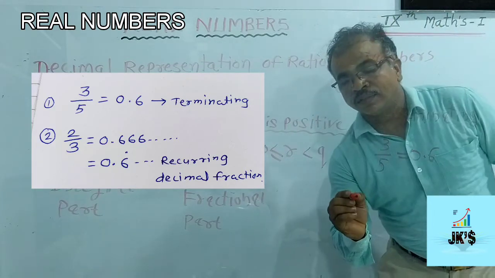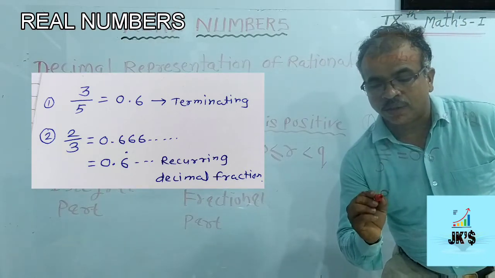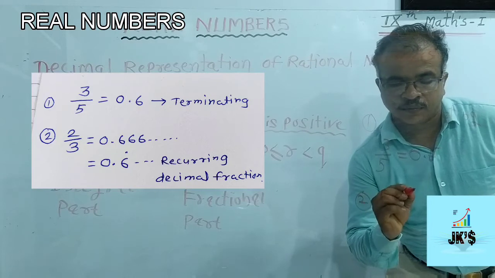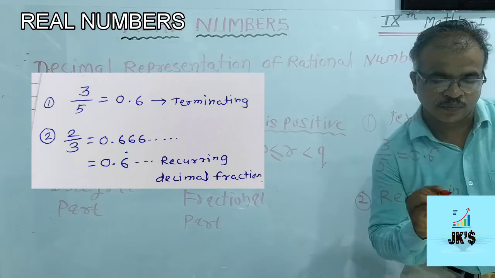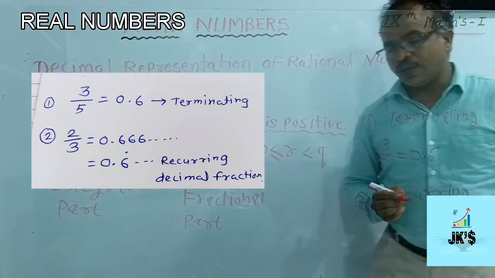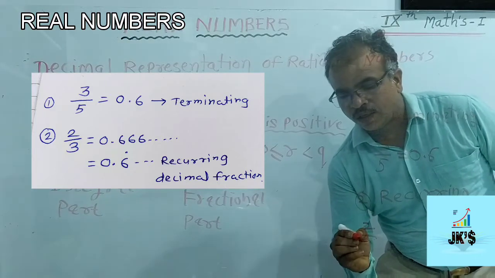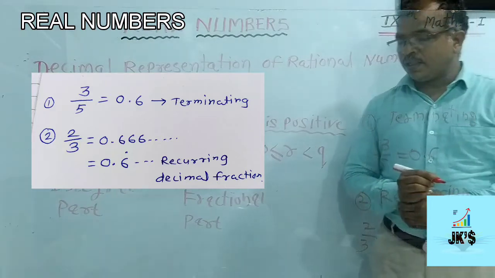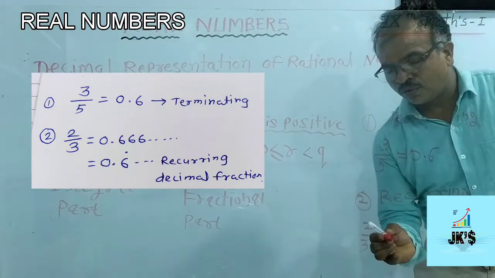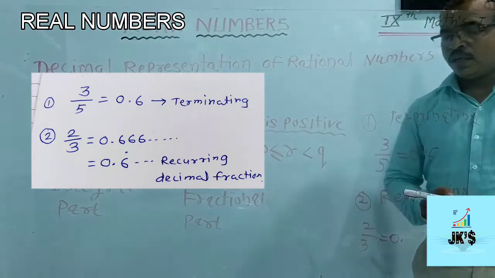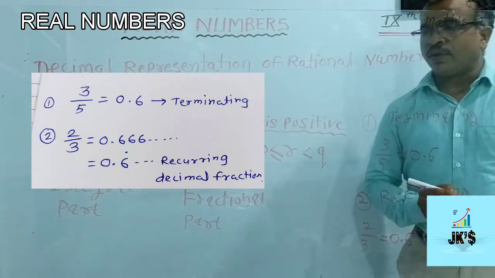And the second one is recurring decimal. For example, 2 upon 3. When we divide this, what happens? 2 is less than 3. Decimal, now it becomes 20. 3 sixes are 18. 2 remains.